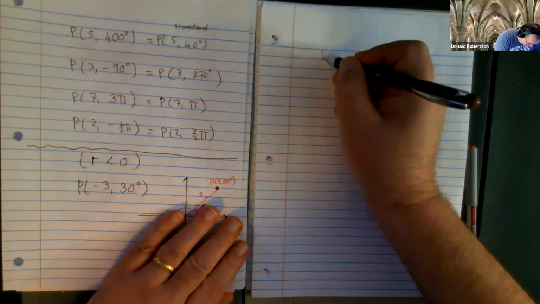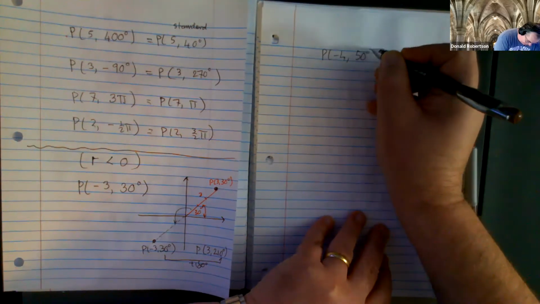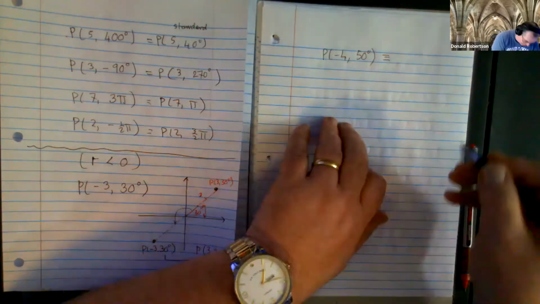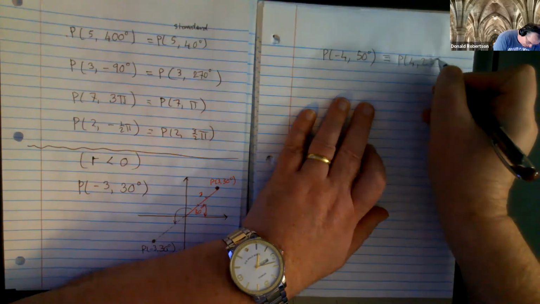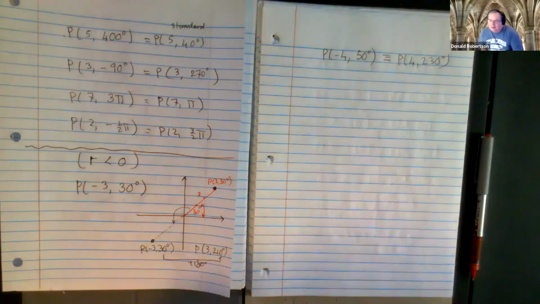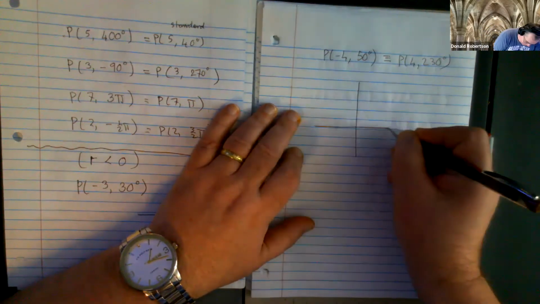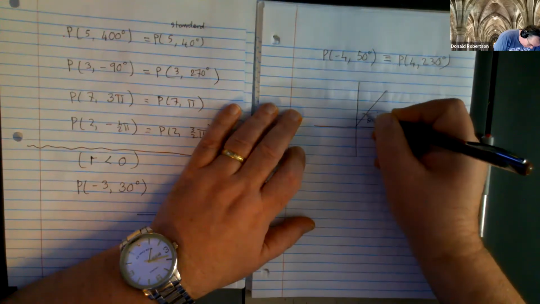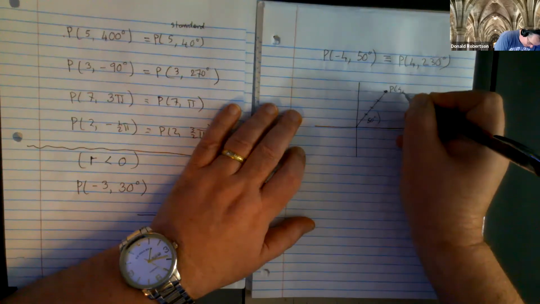Let's see how that would work then. If I wanted to plot the point negative 4, 50 degrees, wouldn't it be equivalent to the point 4, 230 degrees? And see what that looks like. If you drew an angle of 50 degrees and you went 1, 2, 3, 4, that's where it would be, right?